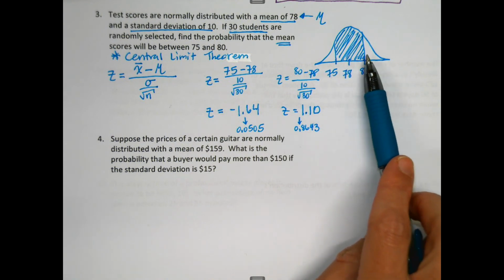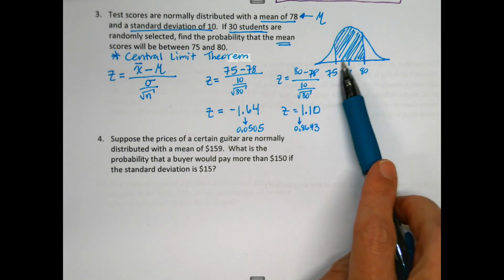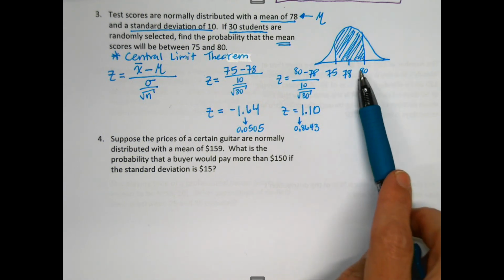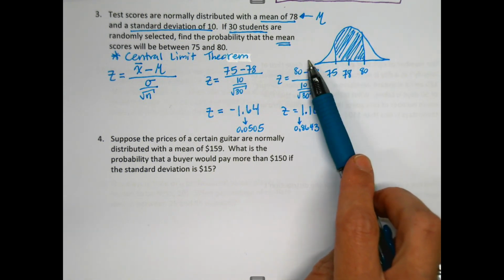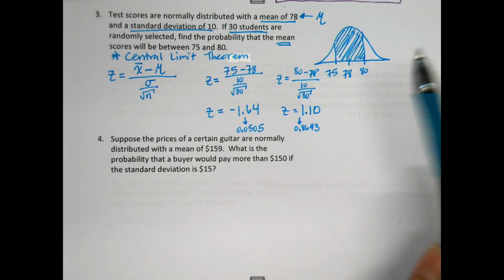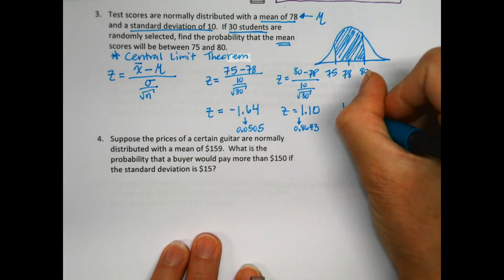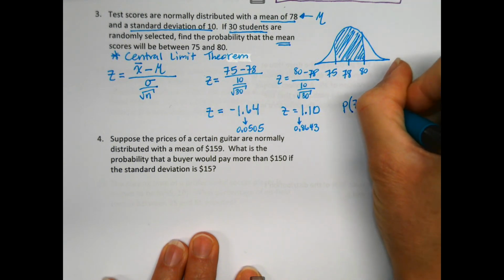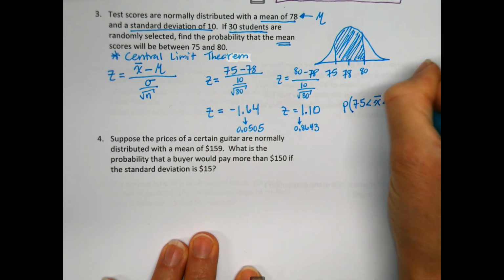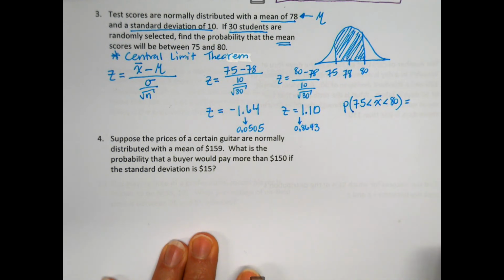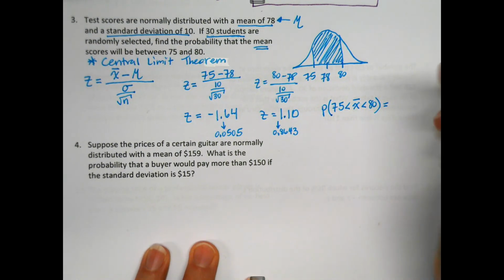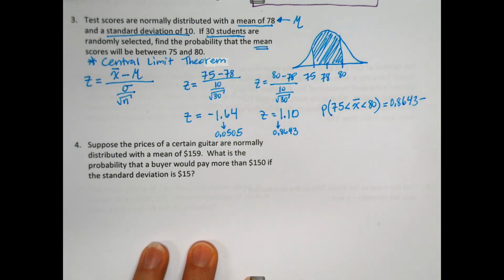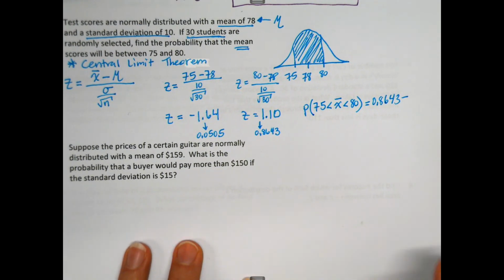So in order to get the area between those two scores, we take the whole area from 80 and subtract away the area that we don't want from 75. Therefore, the probability that our mean will be between 75 and 80 is going to be 0.8643 minus 0.0505.